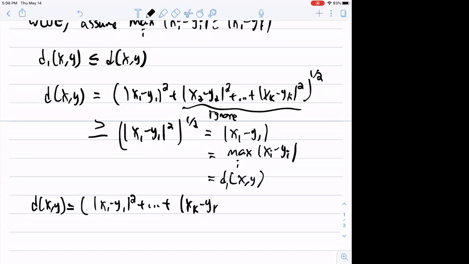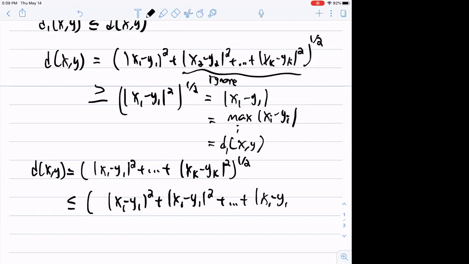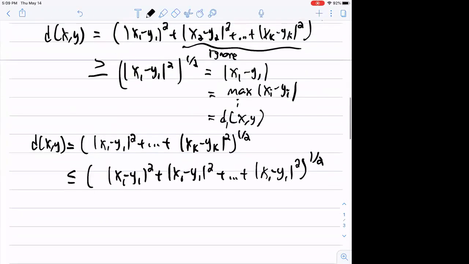So again, without loss of generality, let's say |x1 minus y1| was the biggest one. Then this is certainly smaller than if I just replace every term by x1 minus y1, right? And how many terms are there? Well, there's k terms.